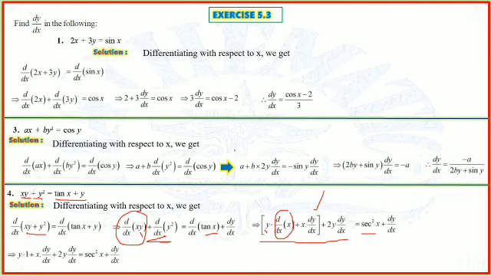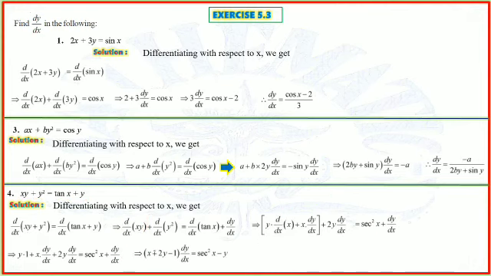So y into 1, this term cancels, so y plus x into dy upon dx, that independently we have written here, plus 2y dy upon dx, plus sec square x plus dy upon dx. Nothing, no change at all. All these things are there only. So x dy upon dx here, dy upon dx, and this dy upon dx is also taken to the left hand side.